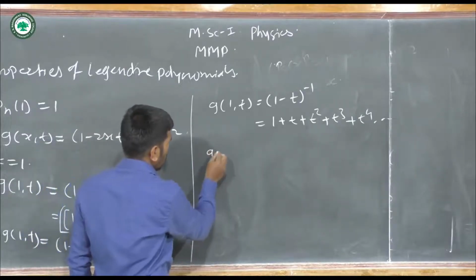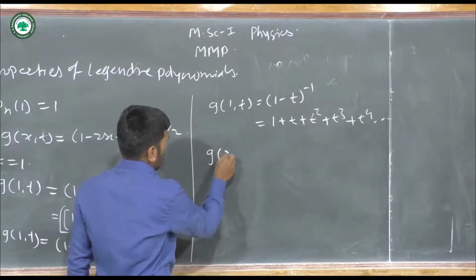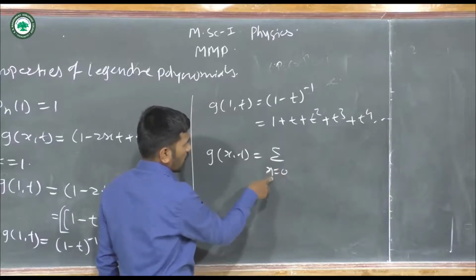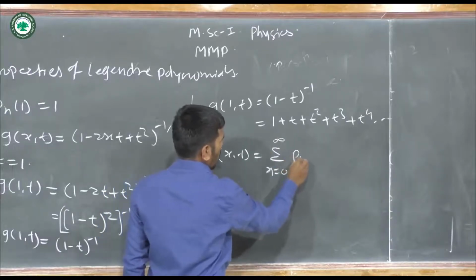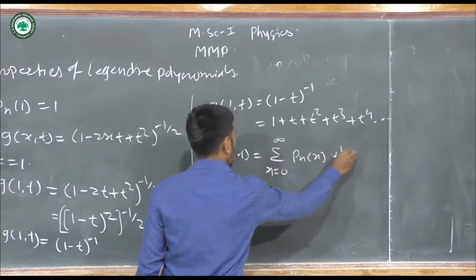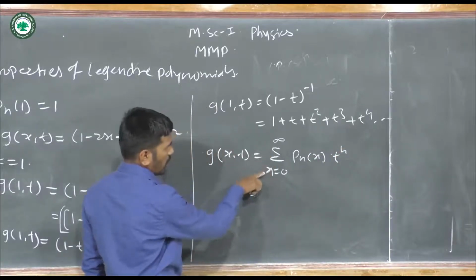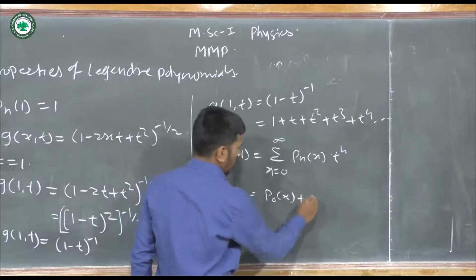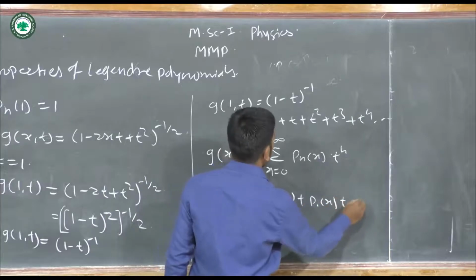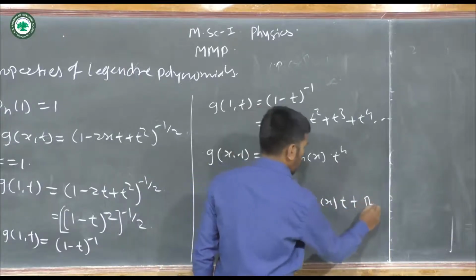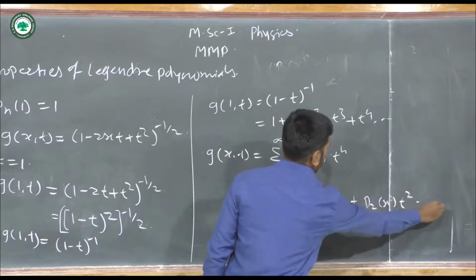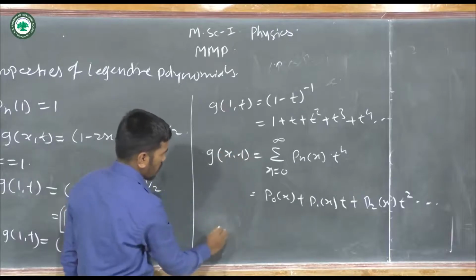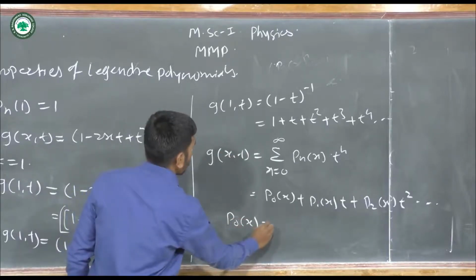We know g(x, t) is equal to the summation over n from 0 to infinity of Pn(x) into t power n. If I expand this, it is P naught x plus P1 x into t plus P2 x into t square and so on. If I compare this expression and that expression, P naught x is equal to 1.